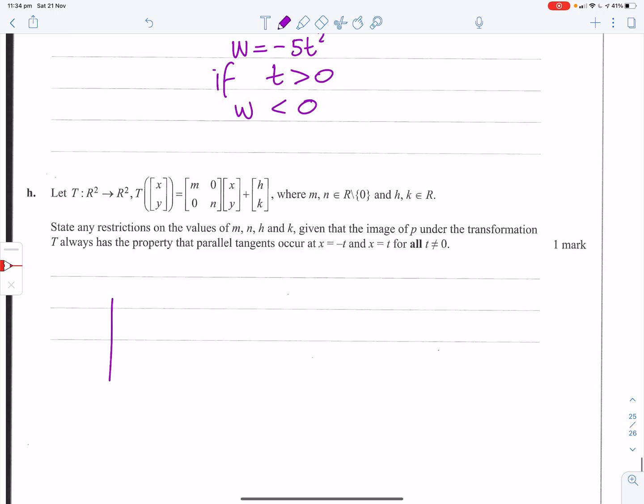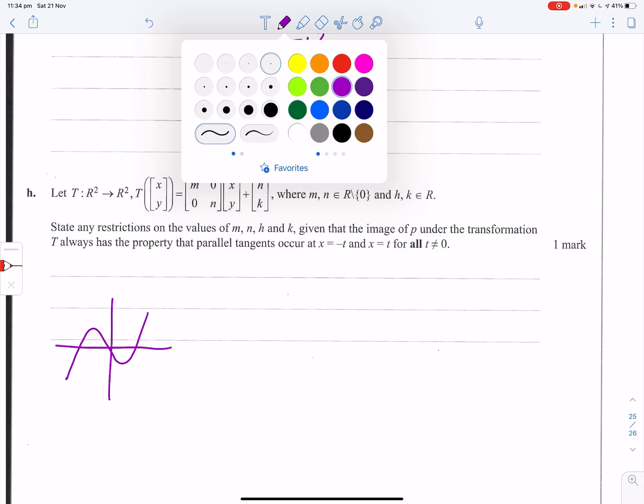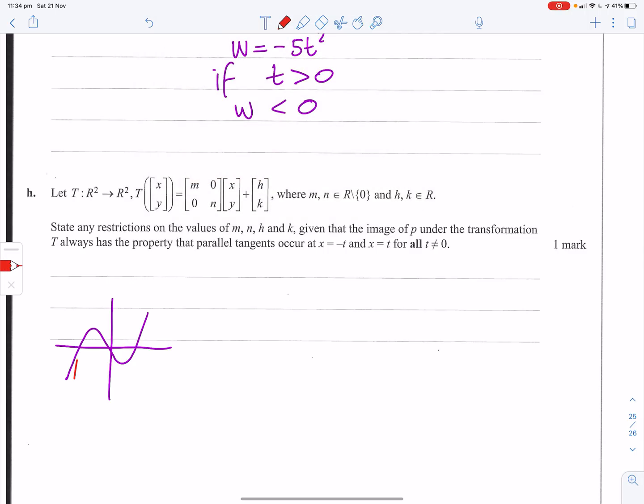Okay, so just so we have a graph that looks like that, m dilates it up and down, so that can be anything except for 0, because it's still going to have the same tangents at t and negative t. If we dilate it from the y-axis, it's going to become wider, but the same thing's still going to occur. So n can't equal 0.